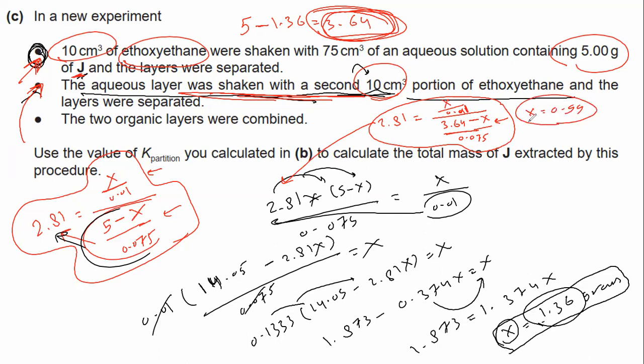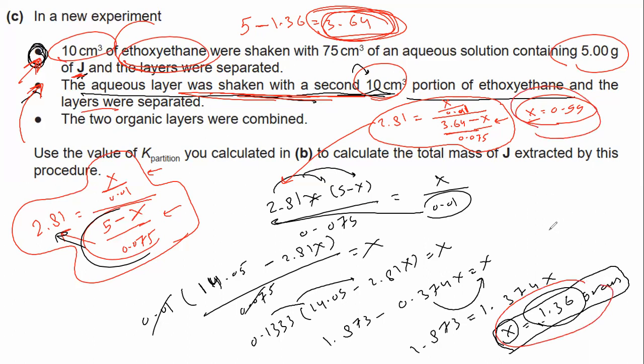This is the amount of G that will be extracted into ethoxyethane in the second experiment. In the first experiment, we got this. In the second experiment, we got this.